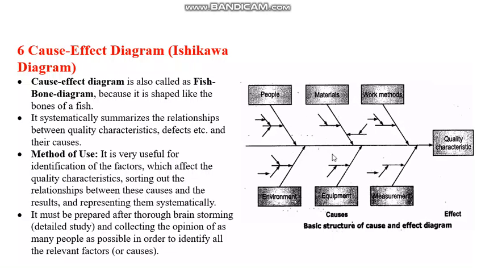These causes can be because of anything. It can be because of the people, that means workers or operators or people who are transporting and other things, or it can be because of the raw materials and the supplies, or the work methods, or the environment in which they're being produced, or the machinery and equipment, or it can be defects in the measurement.